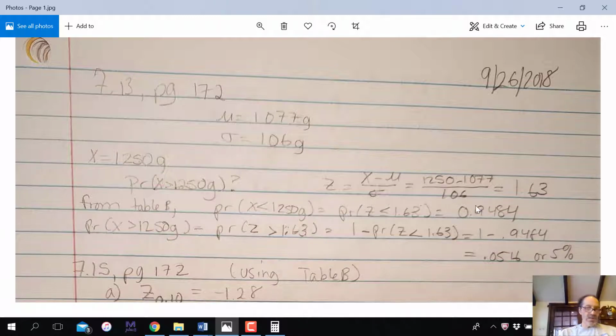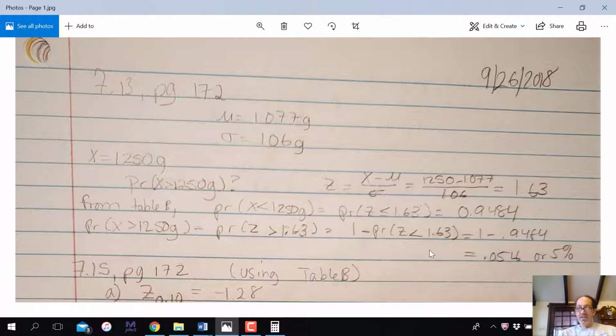But the question asks the probability of somebody having a brain larger than 1250 grams, right? Well, given that you can have a brain that's below 1250 grams or above 1250 grams, these are complementary events, and we know that for this standard normal distribution the area under the curve is 1, so it must integrate to 1.